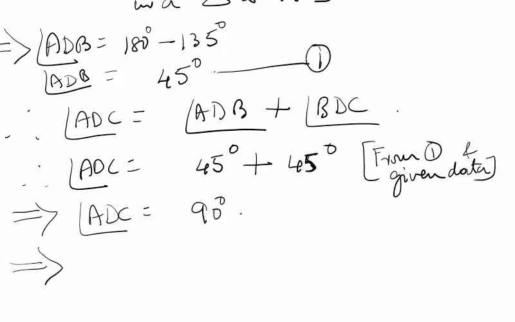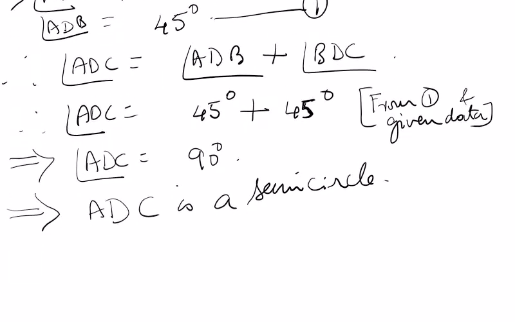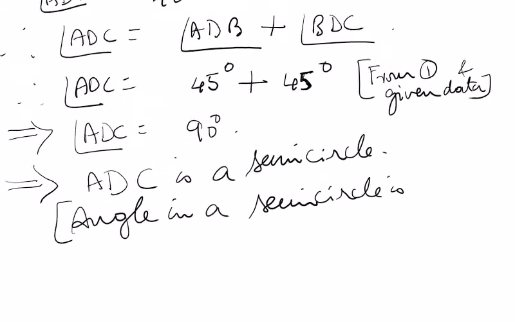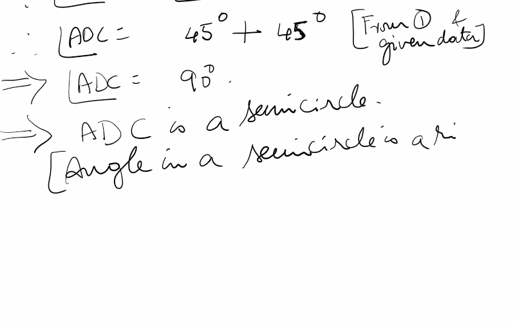So this implies that ADC is a semicircle. Why? The reason is that the angle in a semicircle is a right angle.